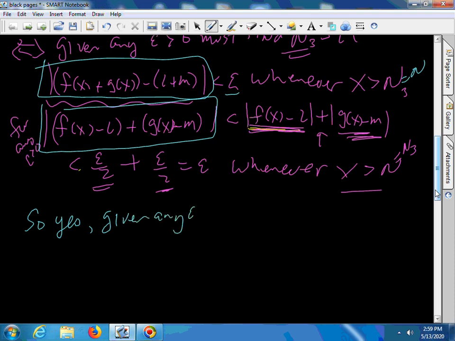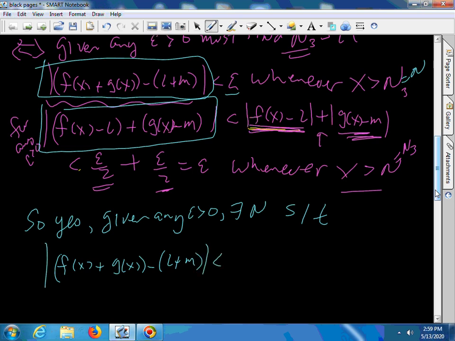So yes, given any epsilon greater than 0, there does exist an n such that the absolute value of f of x plus g of x minus L plus M is less than epsilon whenever x is bigger than n.